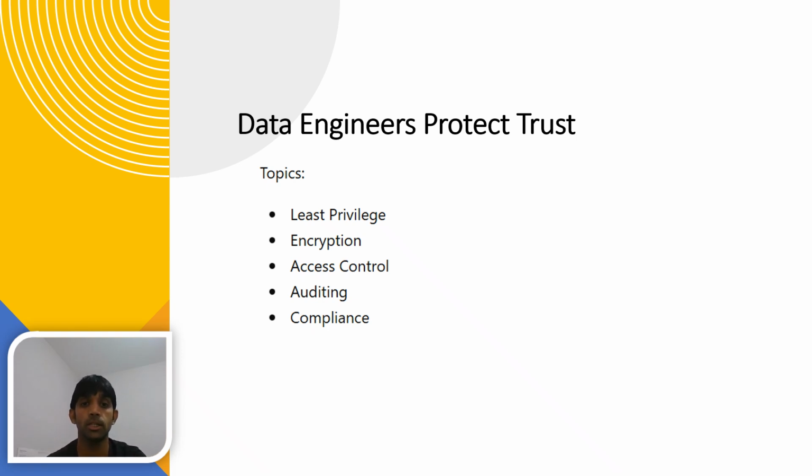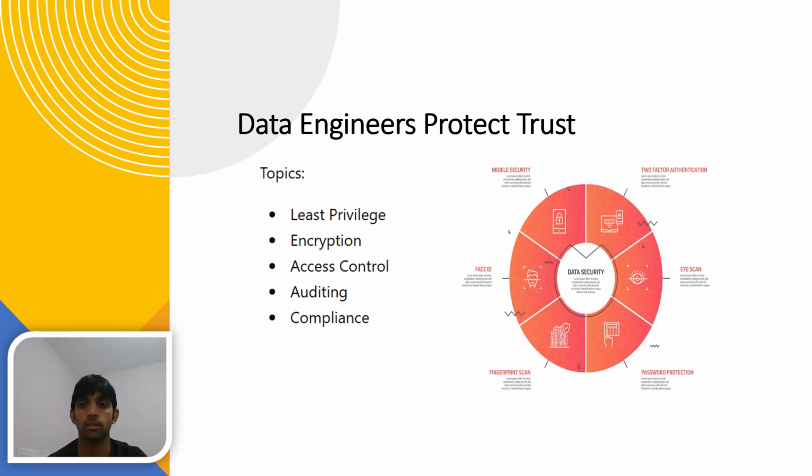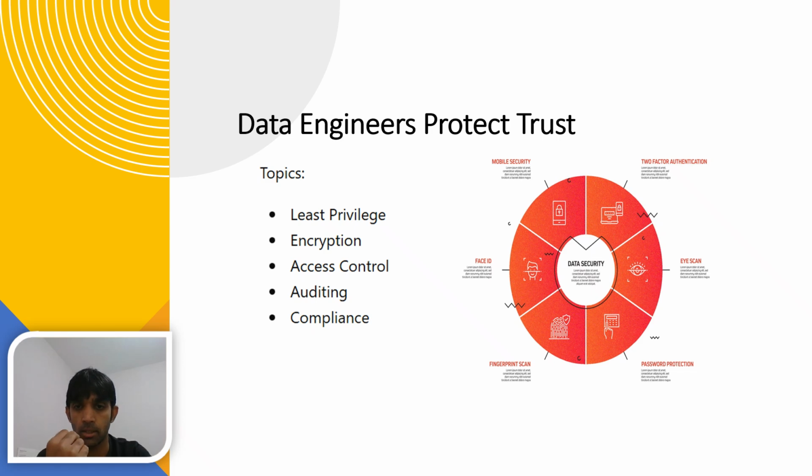So data engineers, as we discussed, protect trust by providing least privilege, encryption, access control, who needs to access, and auditing and compliance. So these are the 4 important topics in data engineering in protecting the trust.